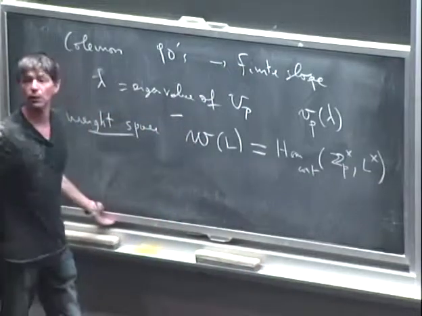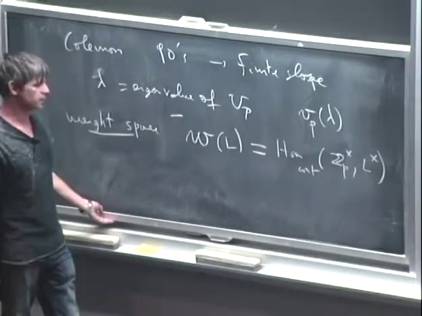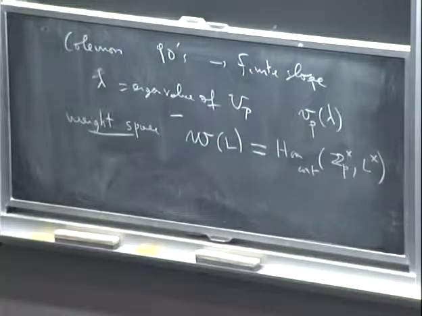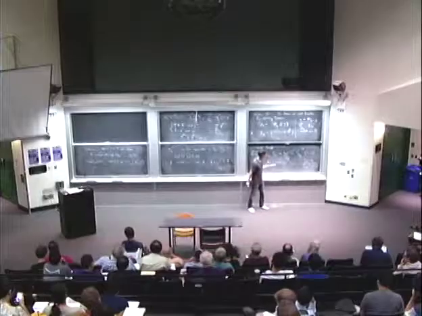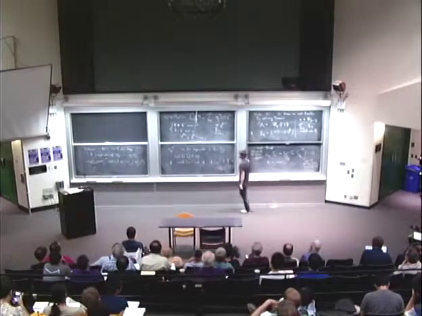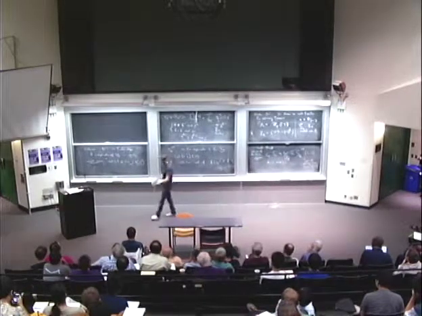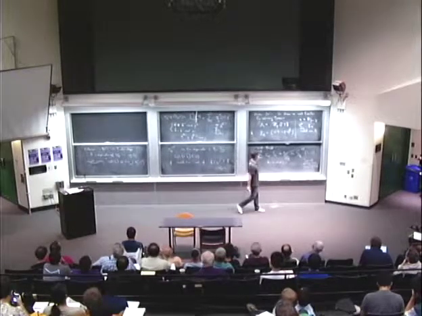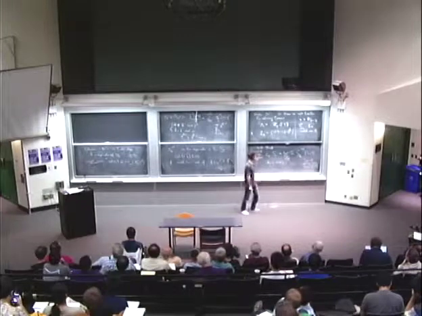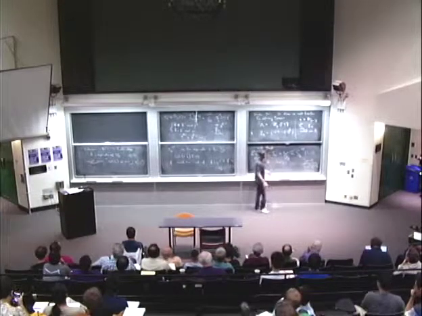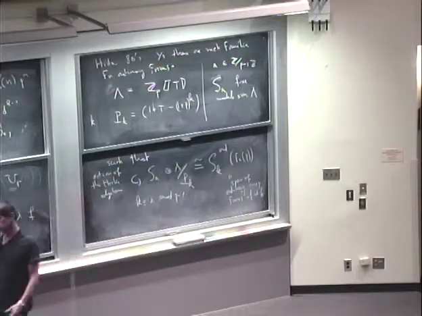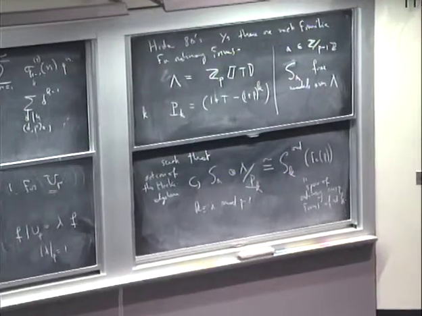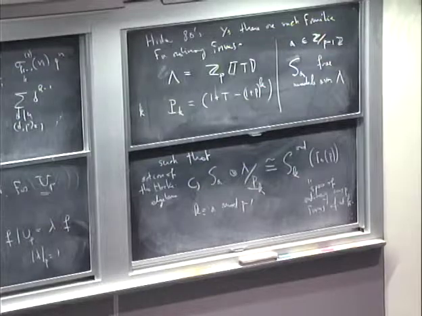And that gives this the structure of rigid analytic space. And so for each A, the integer A here gives one ball of weight space, and there are p minus 1 balls. And lambda is isomorphic to the ring of rigid analytic functions on this open unit disk which are bounded by 1.